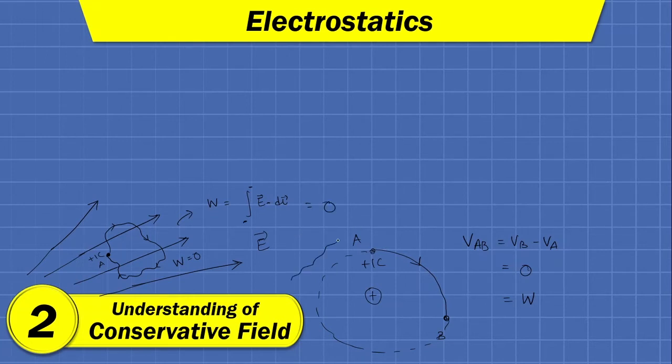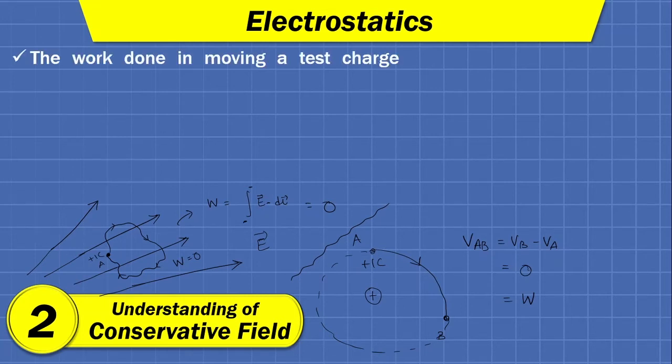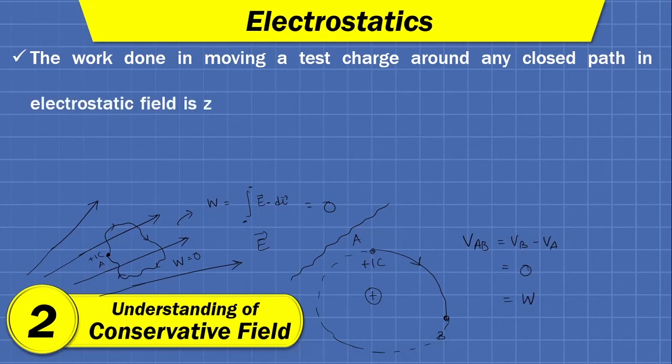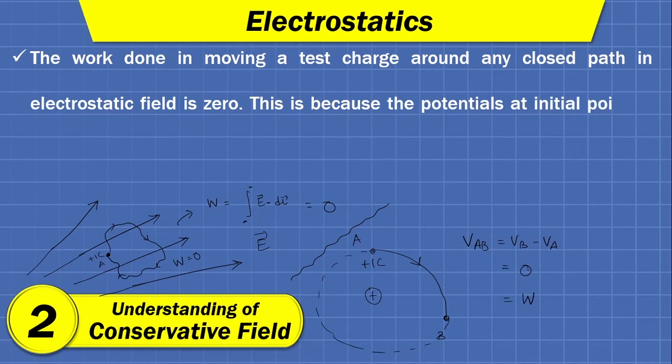So these are the two cases in which the work done is 0, however we move a charge from one point to another. The work done in moving a test charge around any closed path in an electrostatic field is 0, and this is because the potential at the initial point of movement and the final point are the same.